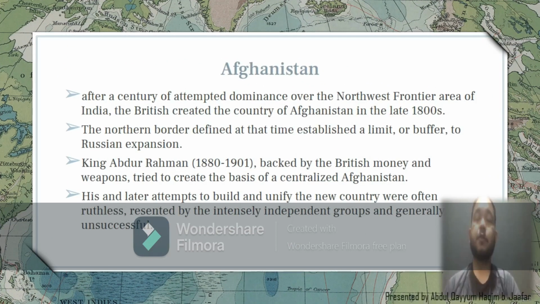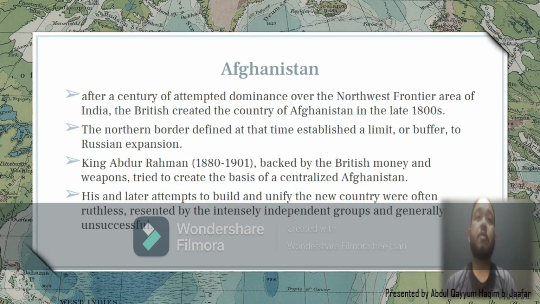And the last point is Afghanistan. Okay, Afghanistan: after a century of attempted dominance over the northwest frontier area of India, the British created the country of Afghanistan in the late 1800s. The northern border, defined at the time, established a limit or buffer to Russian expansion.